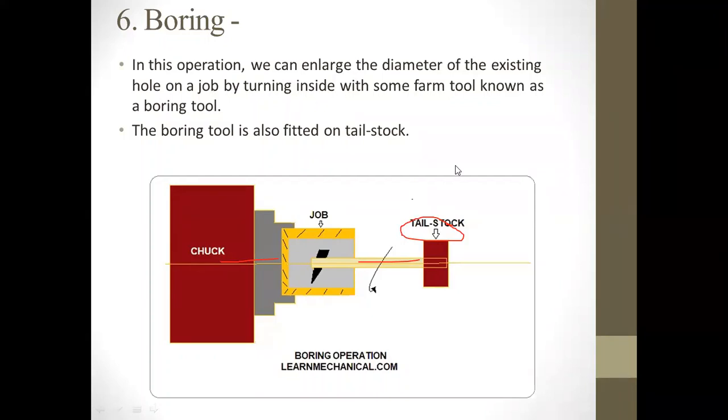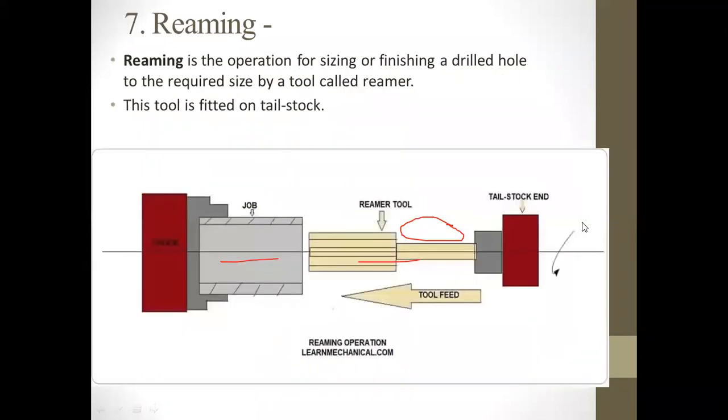Now the next operation is the reaming operation. The reaming operation is similar to the boring operation, but by using a reaming tool, it is possible to clean the internal surface of the hole or drill. After completion of the drilling operation we do the reaming operation.